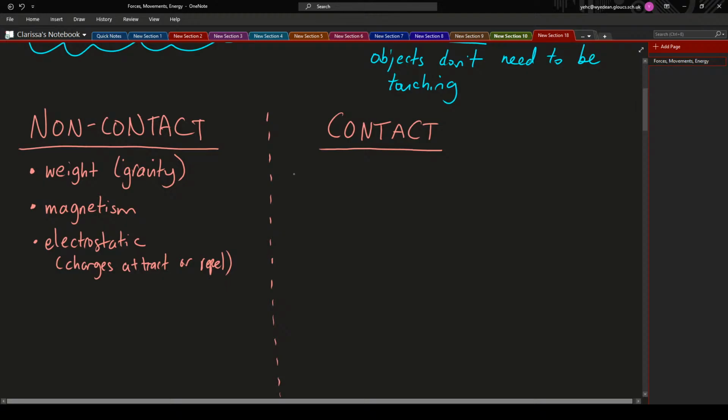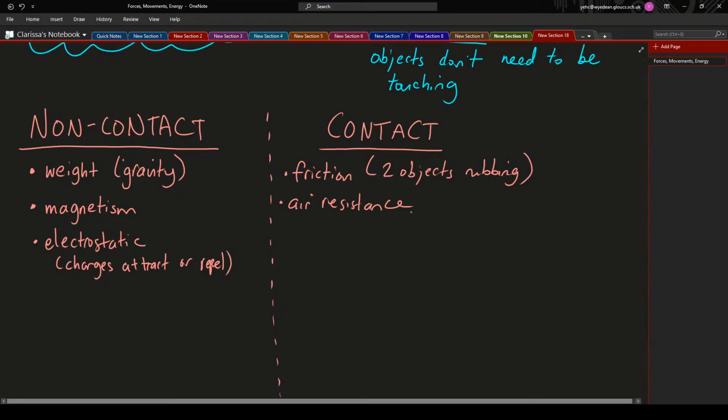Okay, now contact forces. If we think about all the forces that require some form of contact to work, we already talked about one earlier, friction, which is two objects rubbing. We have air resistance, which you can think of like friction, but with air. All around you is air.